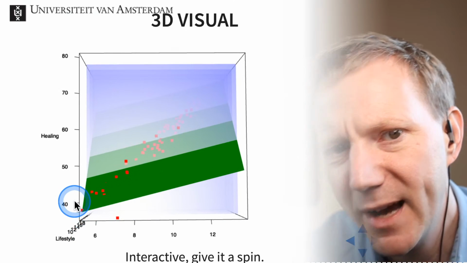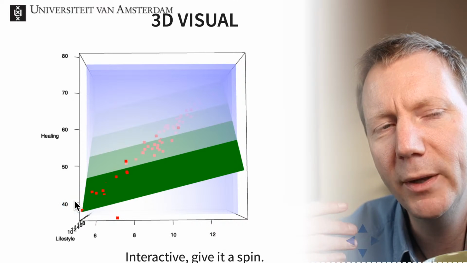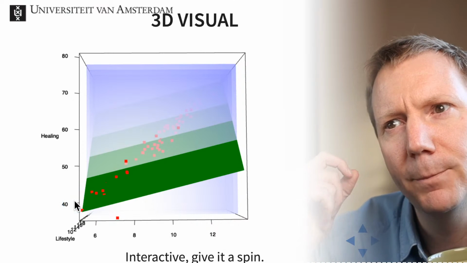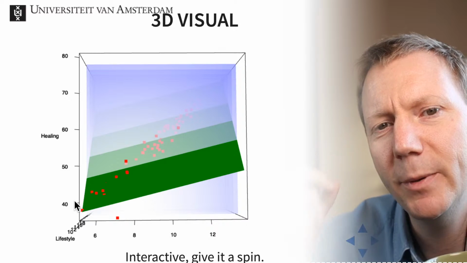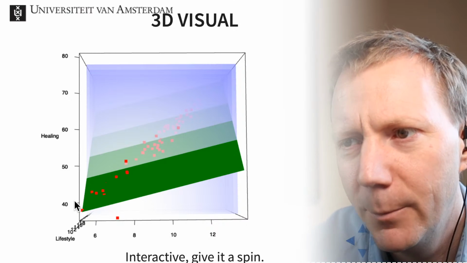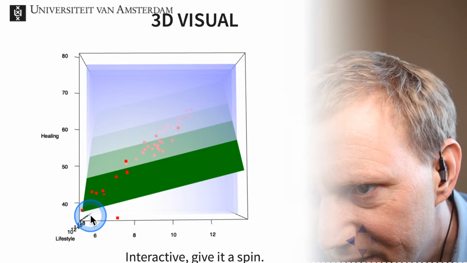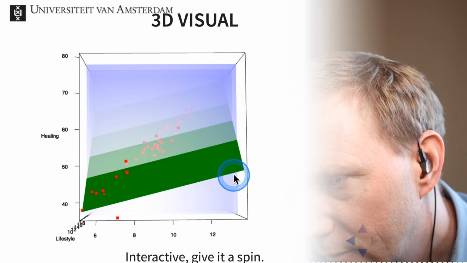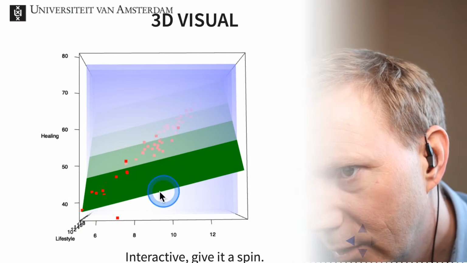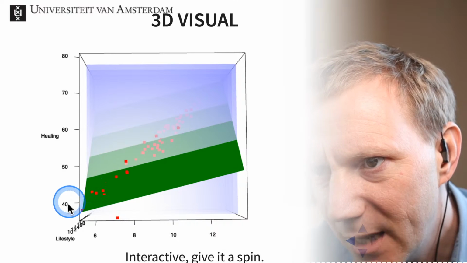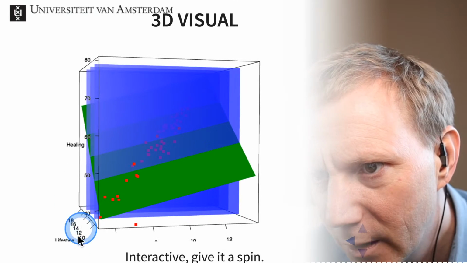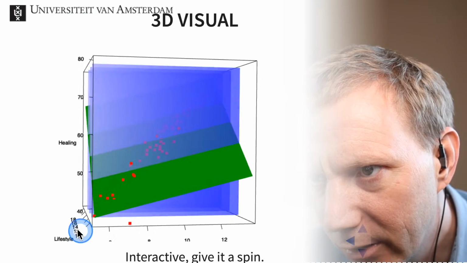And the fact that we call this keeping it constant means that this slope that we see here for the green one is the same for every level of healthy lifestyle.